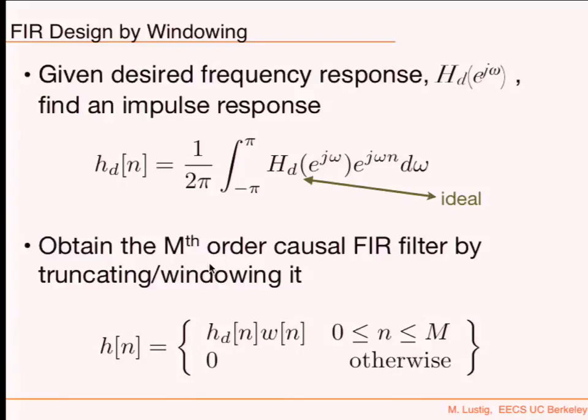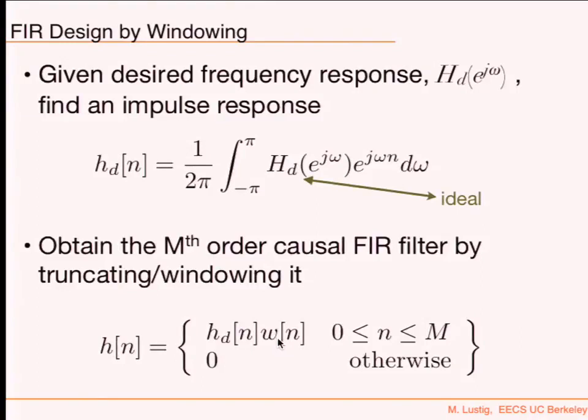So if this is the ideal impulse response, the actual impulse response of the filter, or my FIR filter taps, are going to be the desired impulse response multiplied by a window.